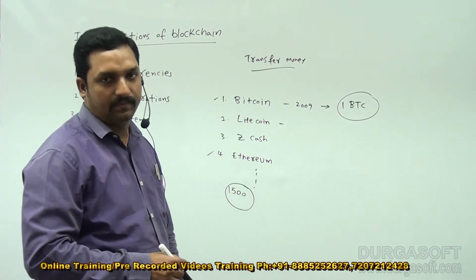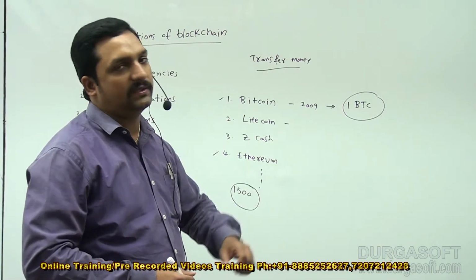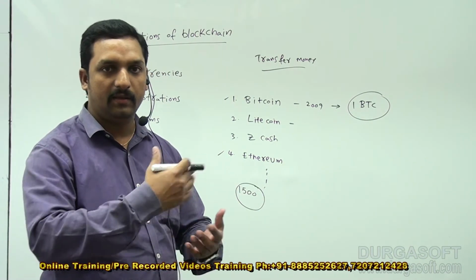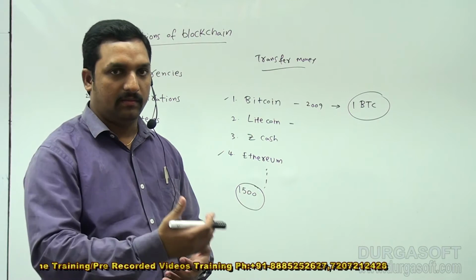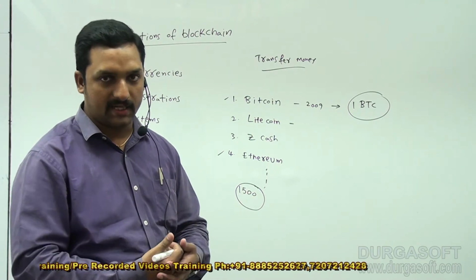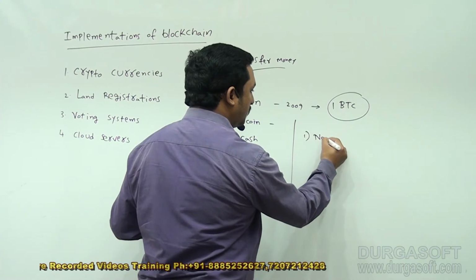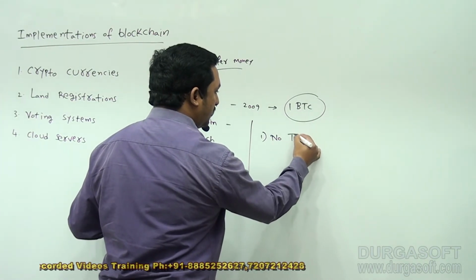Okay, right. So what are the benefits of these cryptocurrencies when compared with the previous scenario of person to person or organization to organization money transfer? First, there is no trusted third party.